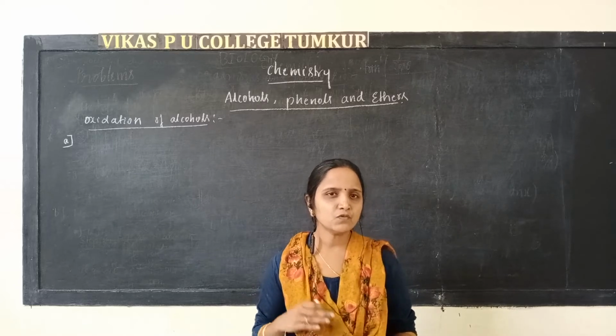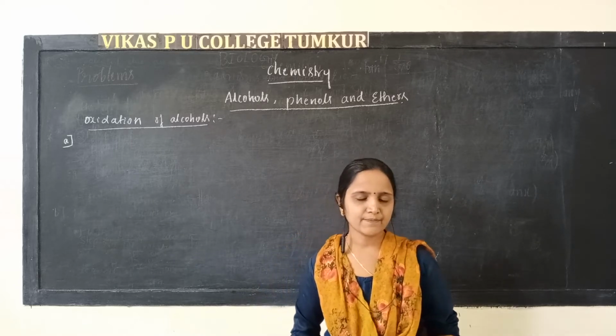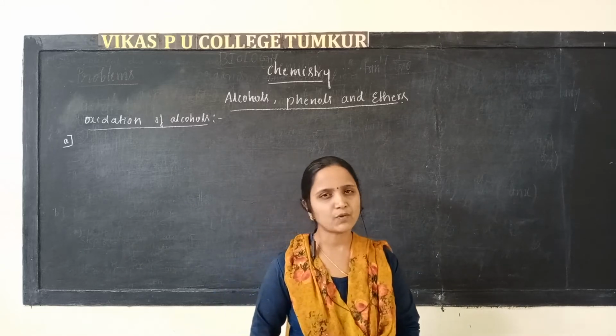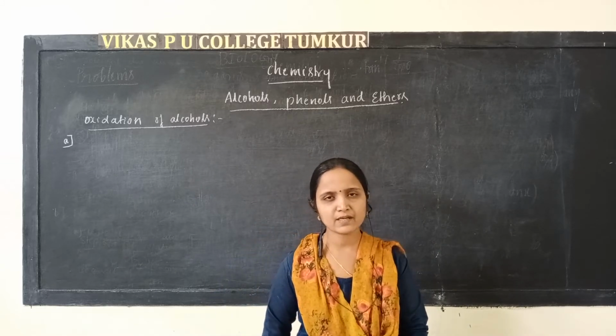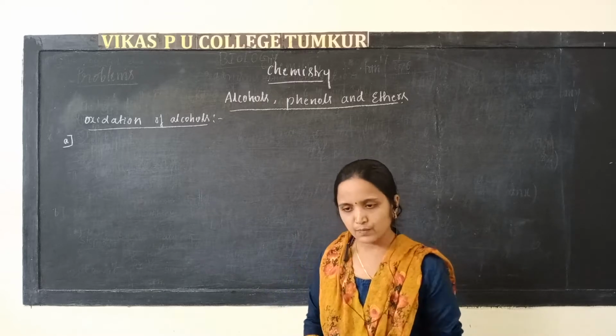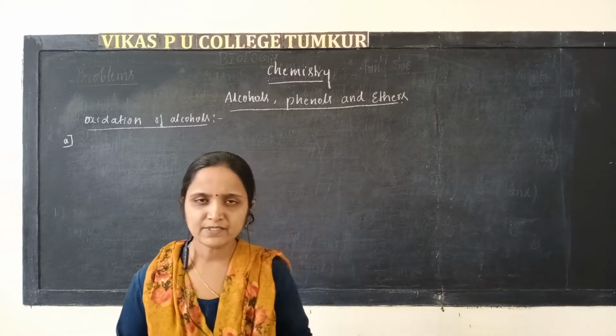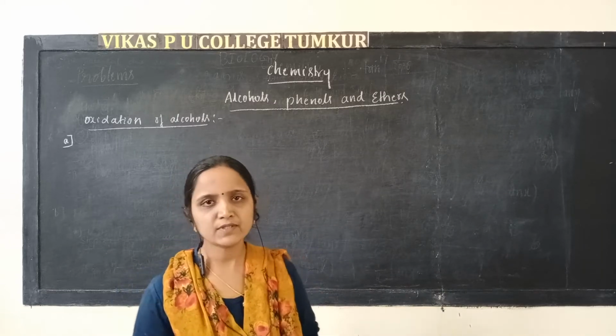It gives the corresponding aldehyde. On further oxidation, this gives the carboxylic acid. That carboxylic acid contains the same number of carbon atoms as the alcohol. That is about the primary alcohol.